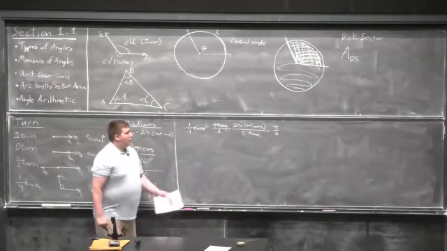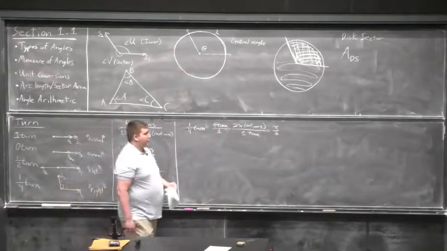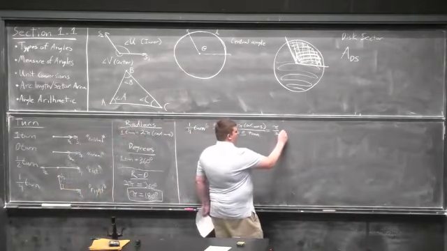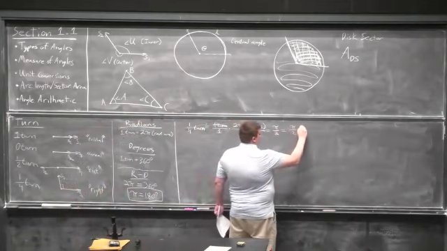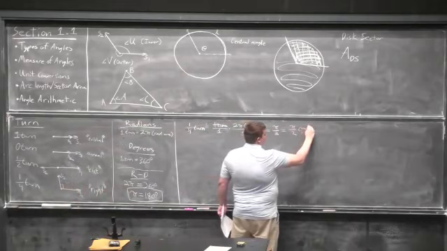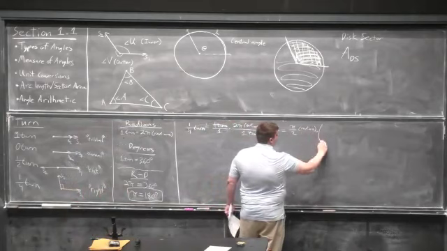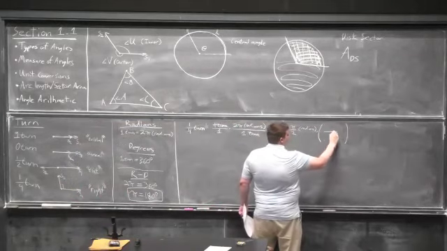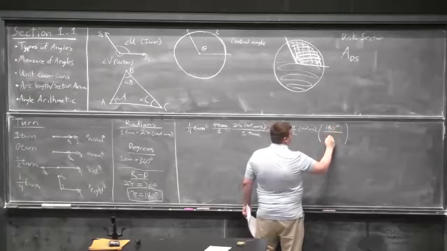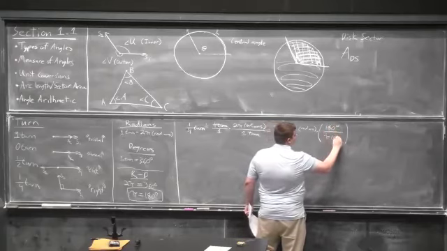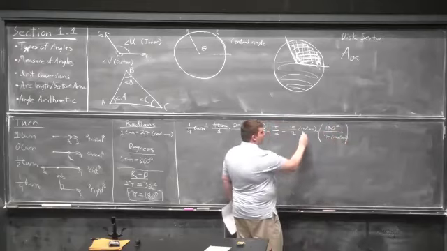Okay. Well, now I want to have degrees. Well, this is equal to pi over 2 radians. I'm going to times this by the ratio of 180 degrees per pi radians. Radians cancel.